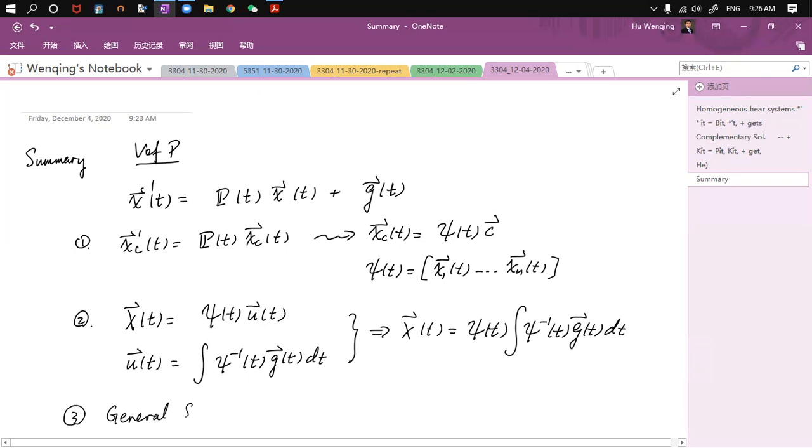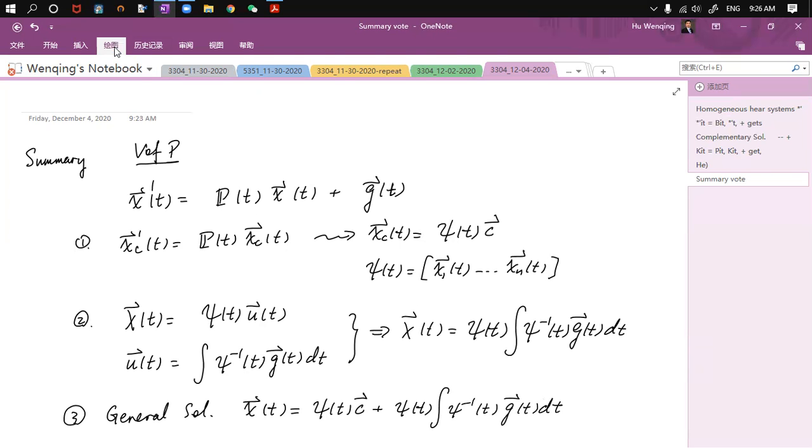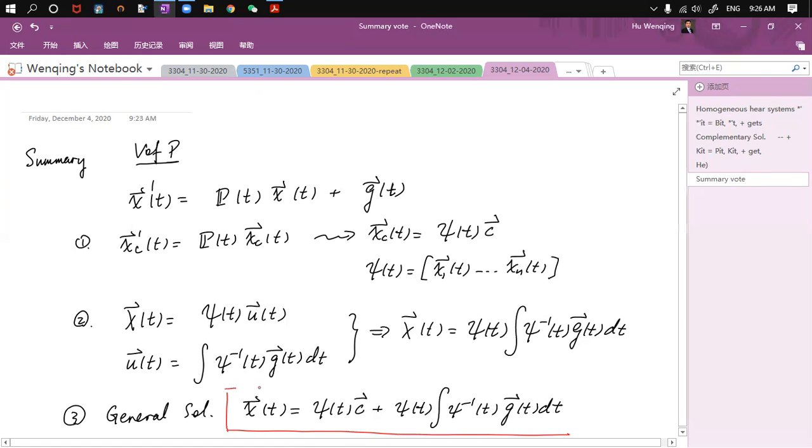If you combine these two parts, the general solution x of t is equal to the fundamental matrix multiplied by c, plus the fundamental matrix multiplied by the integral of its inverse multiplied by g of t dt. That's what gives you this general solution. Is that good for everybody?